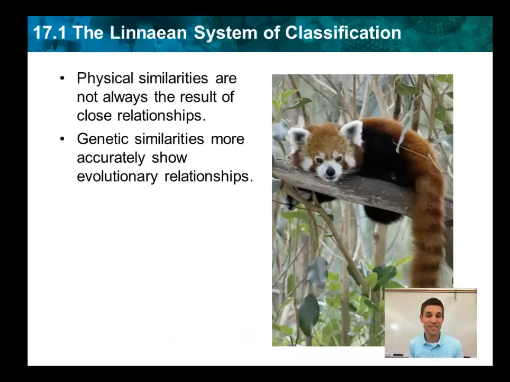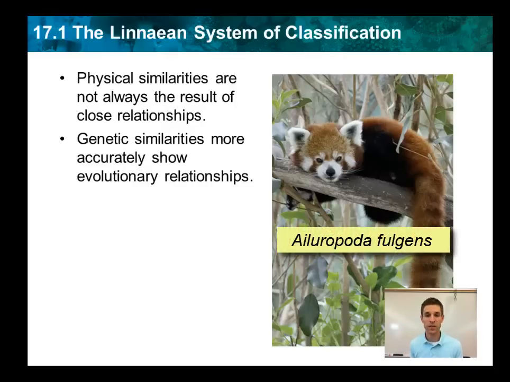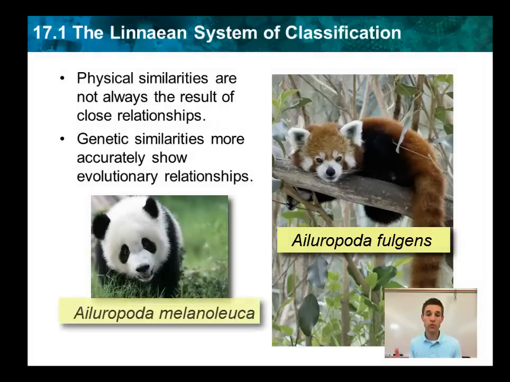The next key point here is that the close relationships that we infer because things look alike aren't always correct, and that genetic similarities actually give us a better picture. For example, this is a red panda. It looks like the more familiar giant panda, and in fact, for a while, they were both given very similar names, and their common names are also very similar even today. We give them both the name panda.